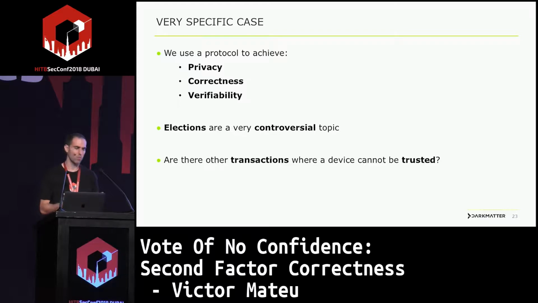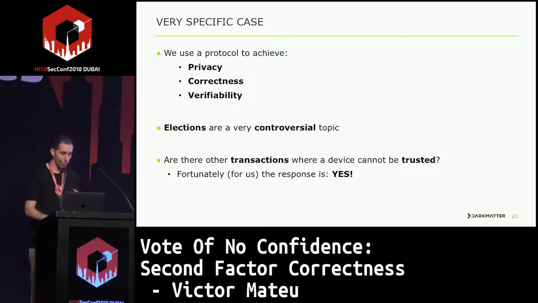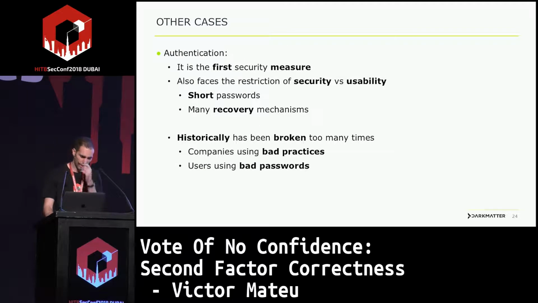So the question that we were thinking with my colleagues was: are there other transactions where correctness is very important, but there are not all these so hard to meet requirements? And fortunately for us, we found that yes, they are.